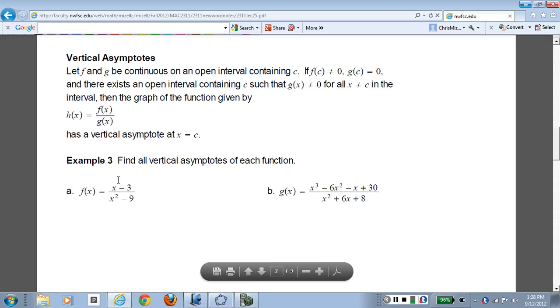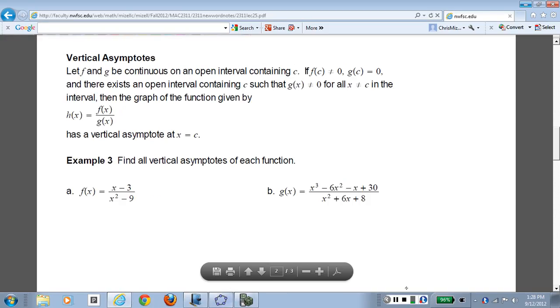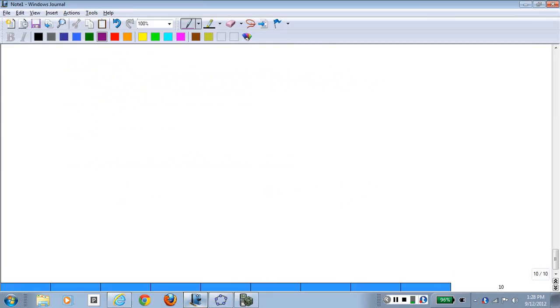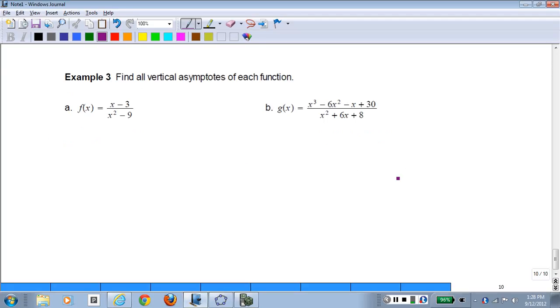If we look at our expression here, and if we substitute, what? 3 or negative 3? Well, there are two different numbers that make the denominator 0, but only one of them produces a vertical asymptote.